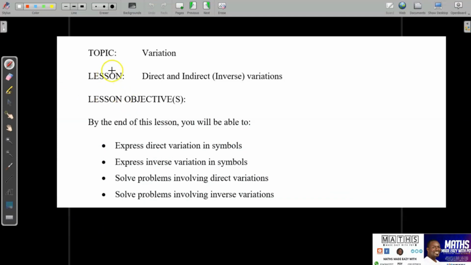Now, what do we expect to learn under variation? Variation is so broad, and therefore, our main lesson for today is going to be direct and indirect or inverse variations.